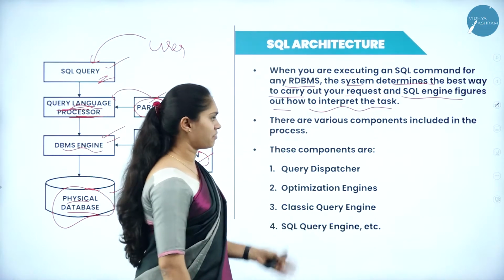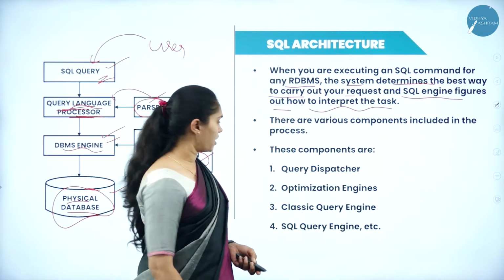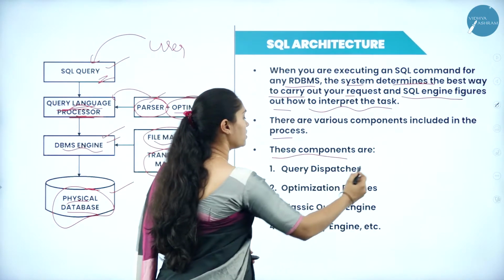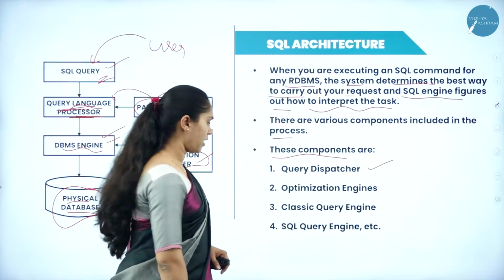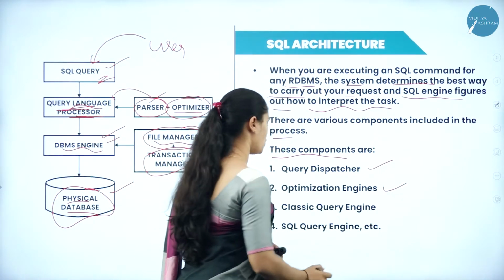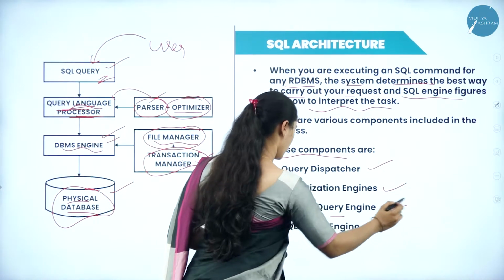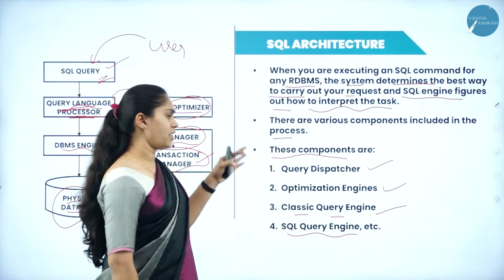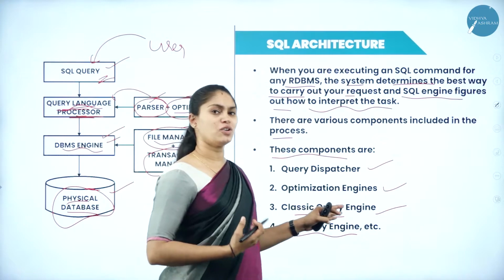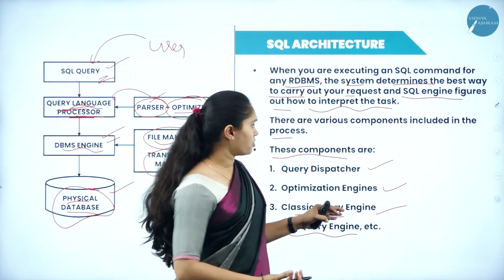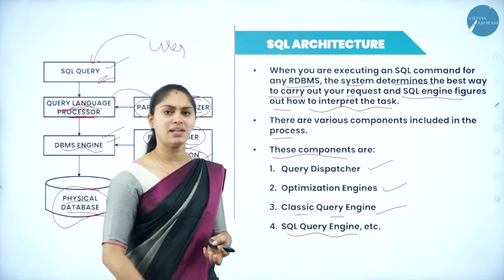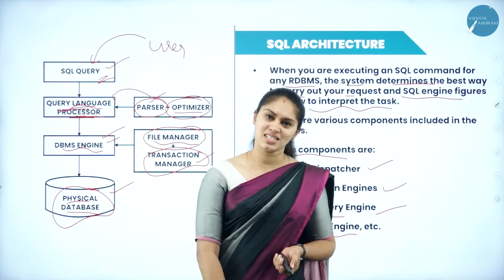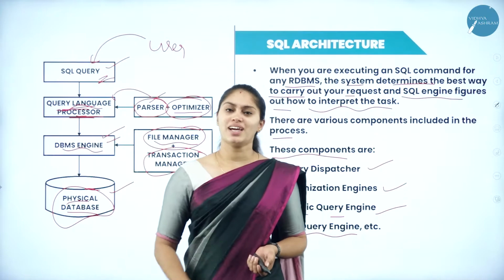Here we also have various components included for the processing: query dispatcher, optimization engine, classic query engine, and SQL query engine. These are the components which help us optimize and interpret the task which is given by the user to the database management system with the help of SQL commands.